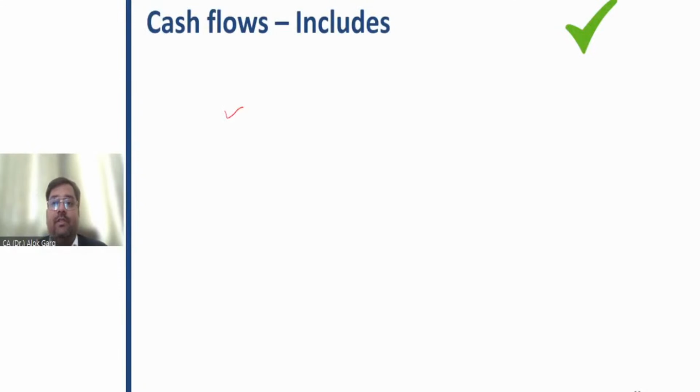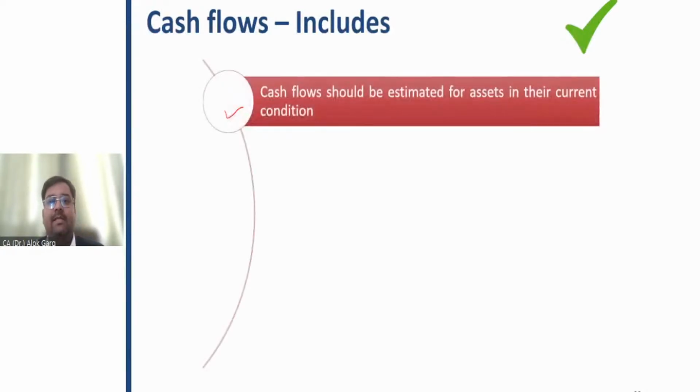Cash flow includes. Now, what to include in cash flow and what not to include, right? For example, let's say there is a transport company and the transport company has 10 fleet of cars. They have 10 cars, right?